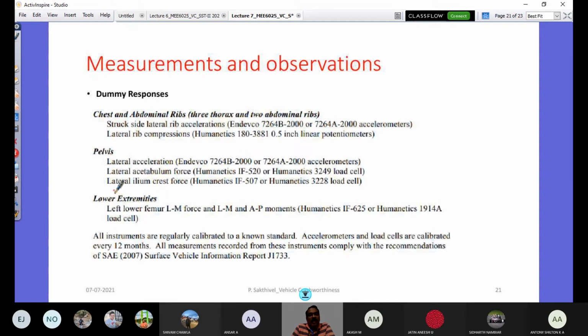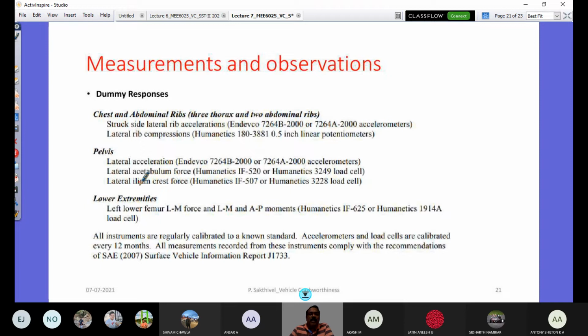And then lateral ilium crest force. So we will see all of this in injury mechanisms and in detail the physiology, and then the different parts of the human and the injury indices, in more detail.